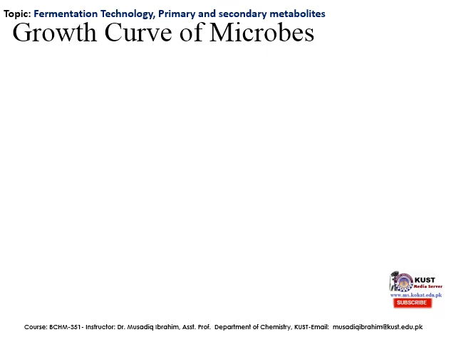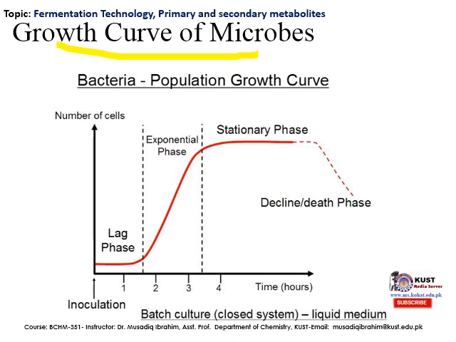Now moving towards the growth curve of the microbes. So in this graph which shows the bacteria population growth curve, you can see that on the x-axis you have the time duration, and on the y-axis you have the number of cells increasing.